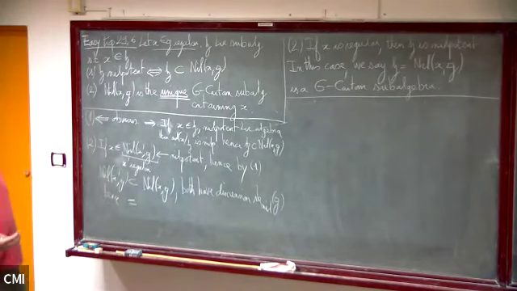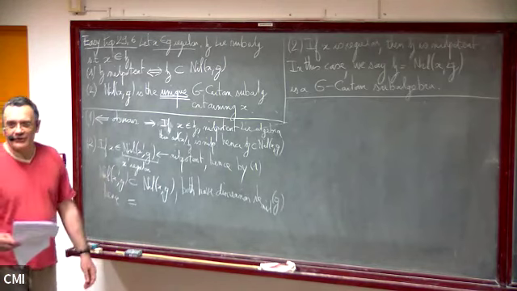Okay, so this is reminiscent of the fact that if you take a regular element in a maximal torus, it is contained in a unique maximal torus. And so this is a Lie algebra version of this.